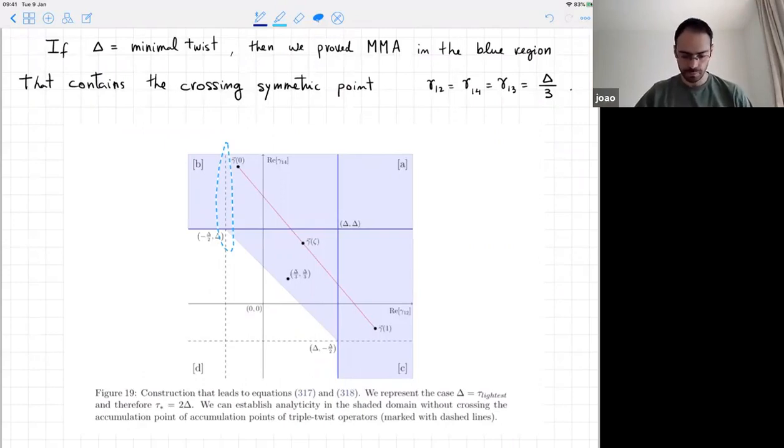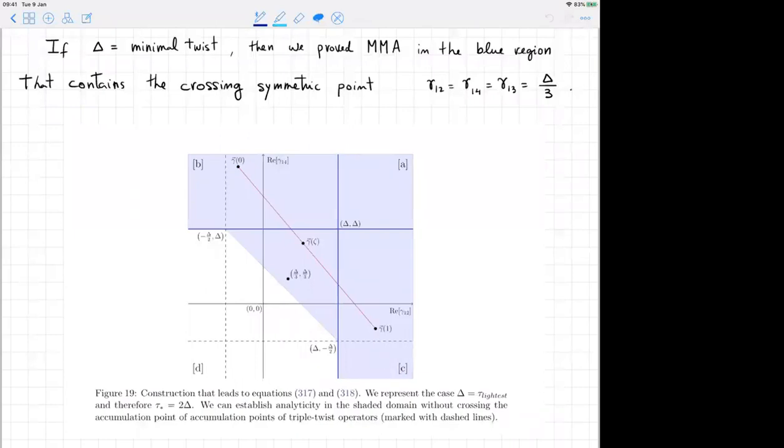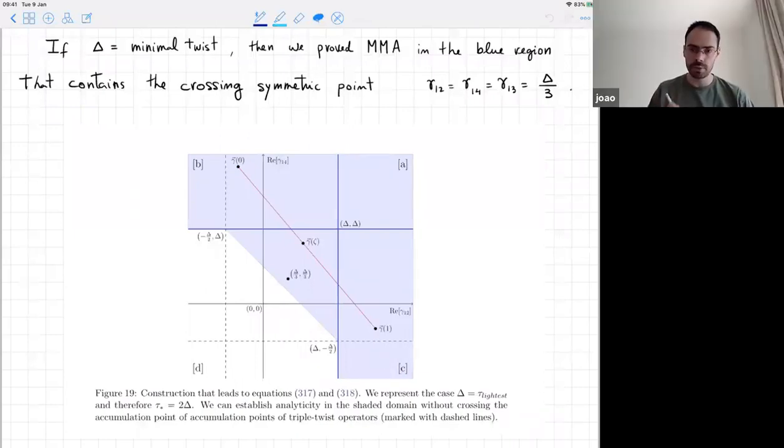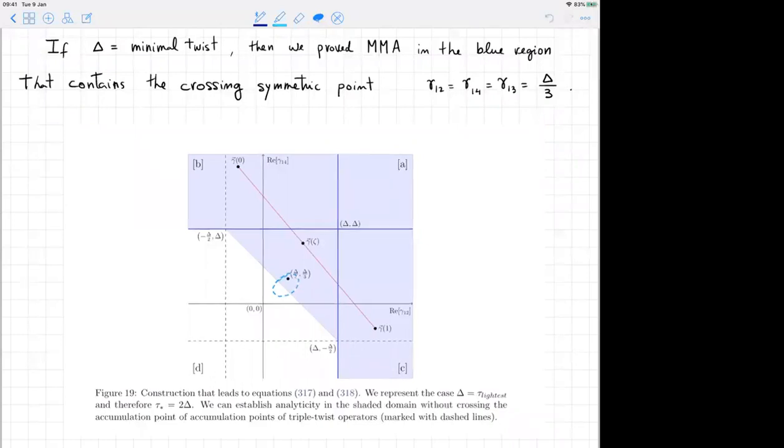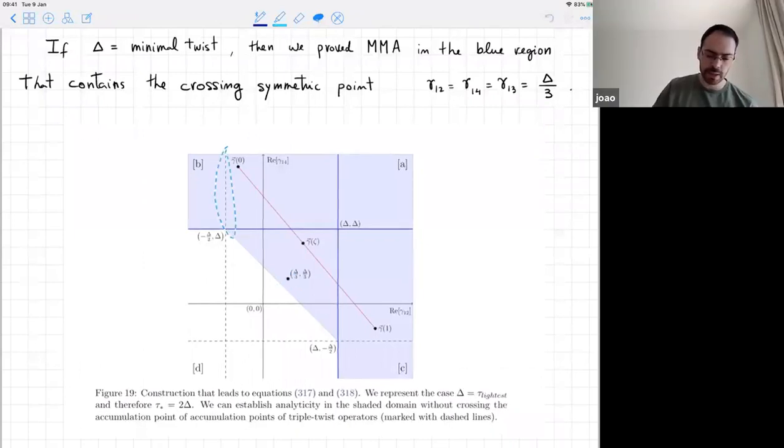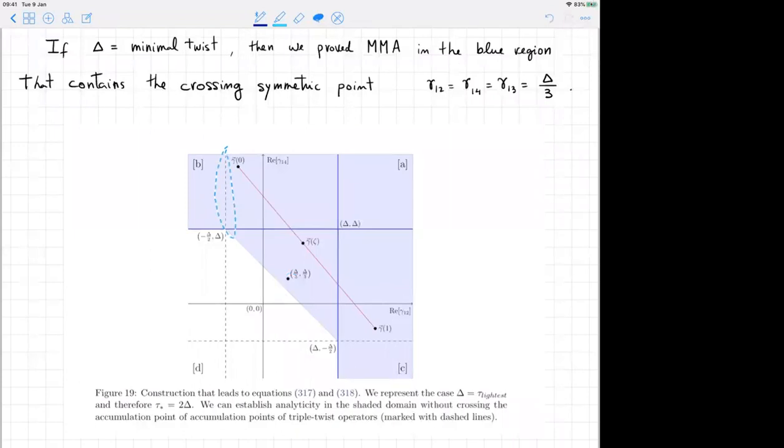The way it was rigorously derived was only for the external being delta. Then you can probably do a bit better. You see, there is a bit of space between the crossing symmetric point and this line, but not much. Honestly, I think this might be improvable, because you just have to understand better your OPE coefficients of triple twists to bound their sums. Which we didn't really explore.